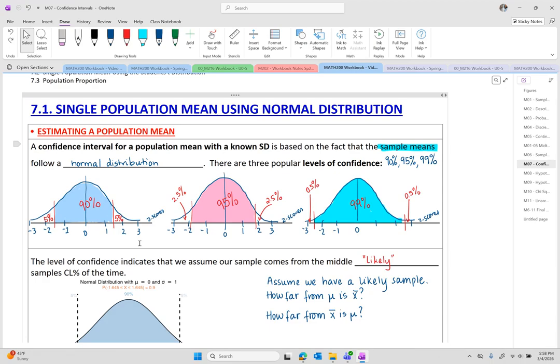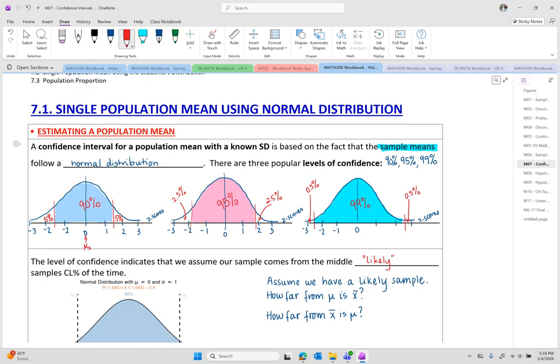So if the sample means follow a normal distribution, that normal distribution will have the mean of the population as the mean of the distribution. So this z-score of 0 will correspond to the mean of the population, which is the mean of the data and also the mean of the distribution of the sample means.